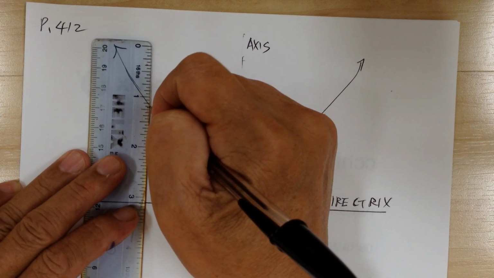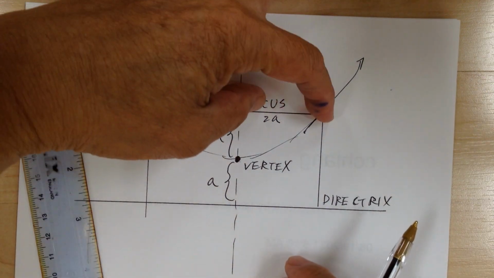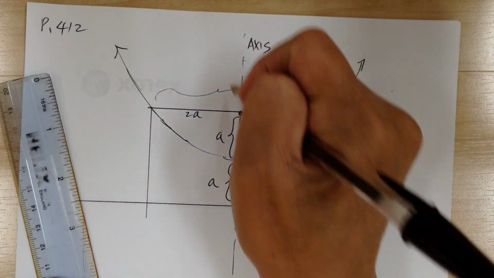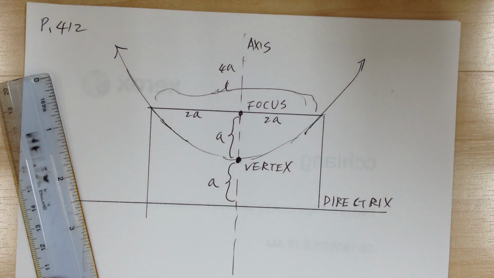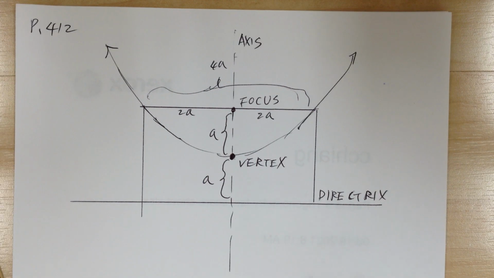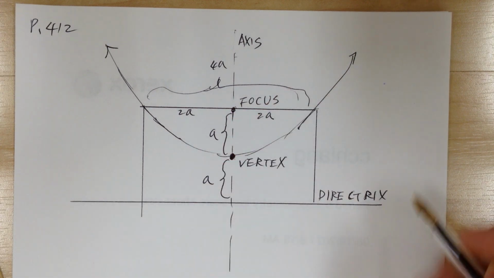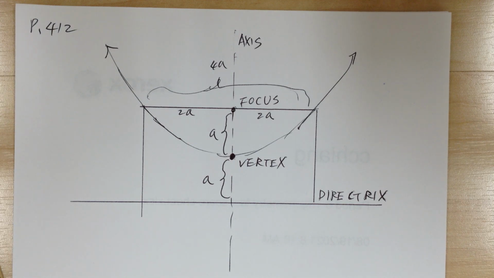So you see that because this is A, this is 2A, this is 2A. So the opening at the focus is 4A. Okay, so again, the vertex, focus, and directrix will be your major features of the graph.